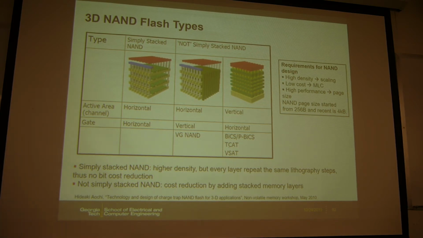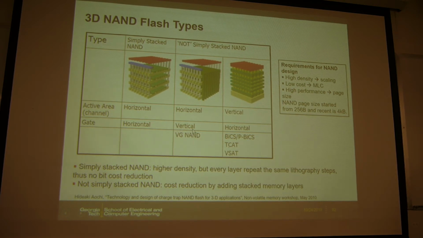So the key idea is that you want to save the number of litho steps when you do multiple layers. And then there are two approaches called the not simply stacked NAND. The difference is the channel direction. You can still keep the horizontal channel, but here the gate needs to be shared.